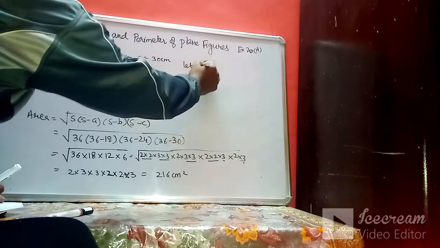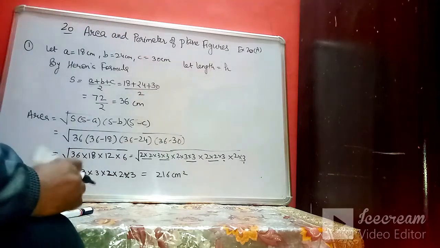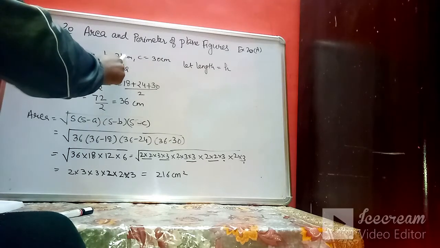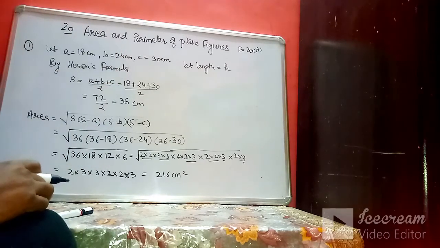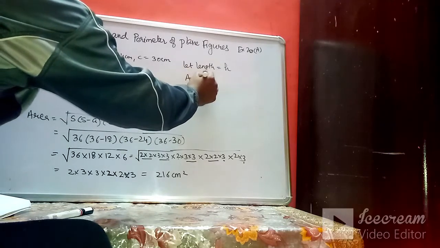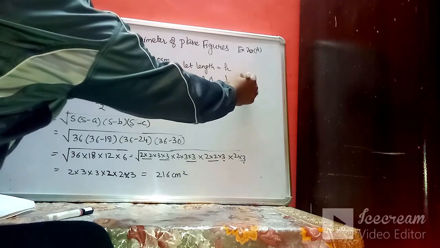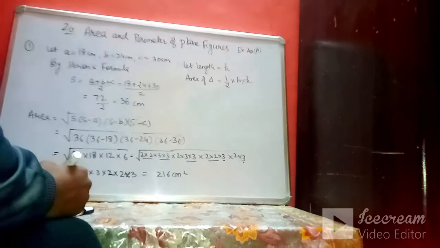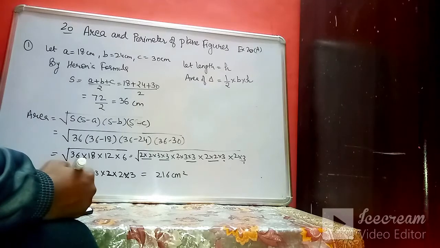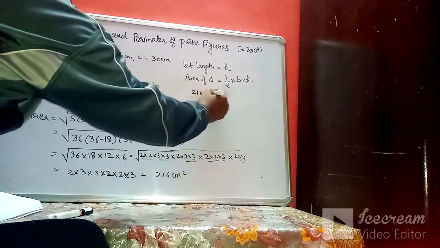Let the length equal h. So corresponding to the largest side means 24 centimeter. So we will again use the area of a triangle, and this time we will use the formula half base into height. Since the triangle is the same, its area will remain the same, that is 216.